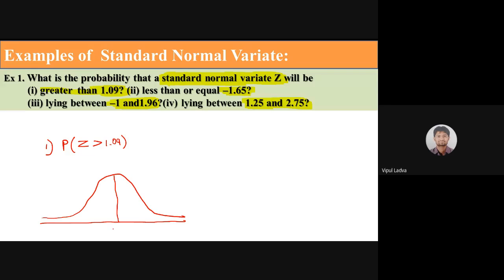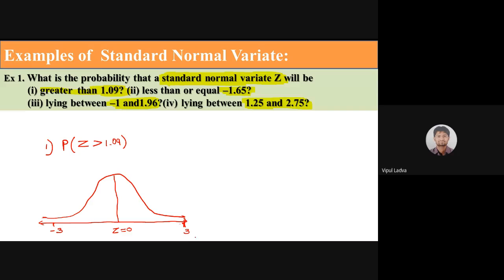Its mean is always 0. Here the value of Z is 0, or you can say mu is 0, and the standard deviation is 1. That means this end will be minus 3 and this end will be plus 3.